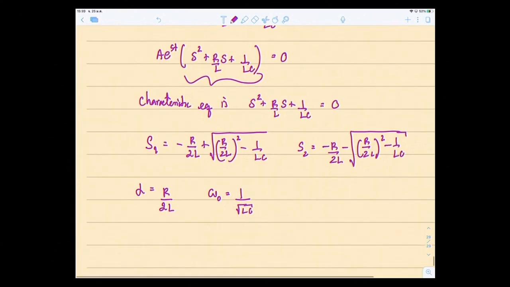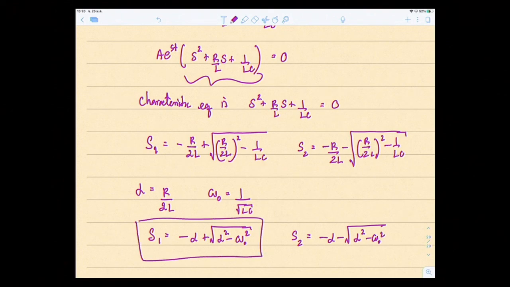Then I can write my S1 as minus alpha plus square root of alpha square minus omega naught square. My S2 is equal to minus alpha minus square root of alpha square minus omega naught square. So these are my roots, S1 and S2.